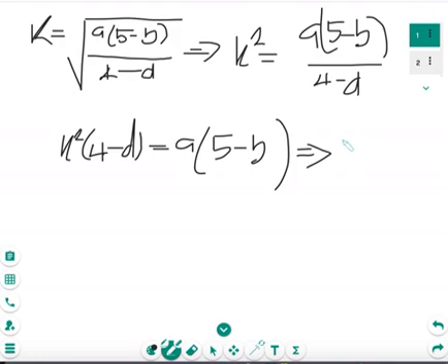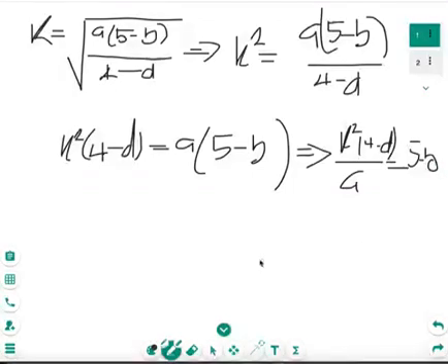Alright. Now you get K squared, this implies K squared times 4 minus D over A is equal to what? 5 minus b. So the minus 5. Sorry, I said minus 5. You need to get rid of the 5.